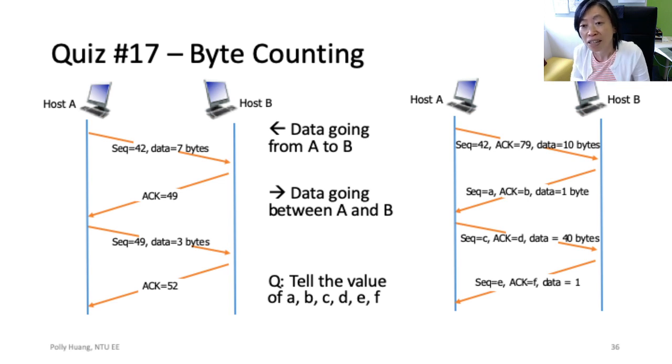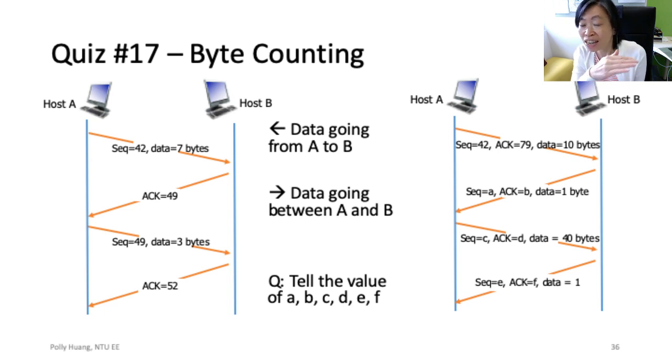The next packet coming back from B to A is definitely acknowledging receiving the 10 bytes of data. What should be the ACK number there? That should be B. Host B here is also sending data, in the meantime sending back the ACK. So what should be the sequence number, the A there? There's only 1 byte of data host B is sending back.